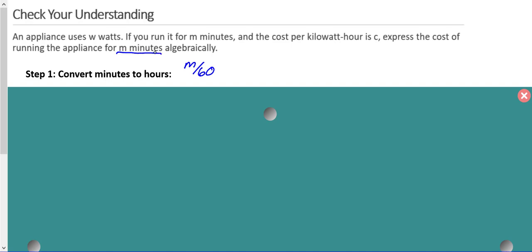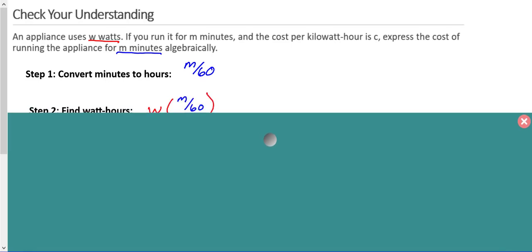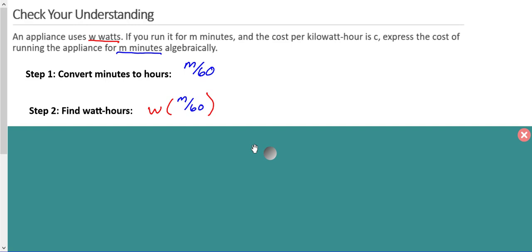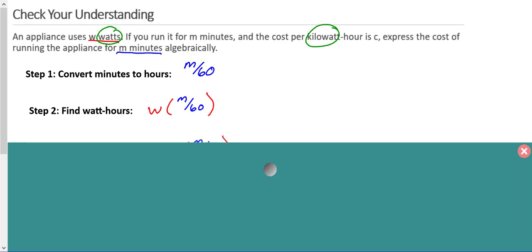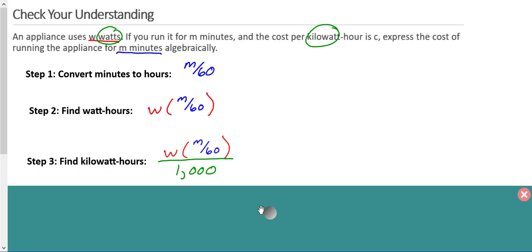We want to figure out our watt hours. We used W watts, and we multiply it times our converted minutes, so W times the quantity M divided by 60. After that, we need to convert from watts into kilowatts, so we take our whole watt hours and divide by 1,000.